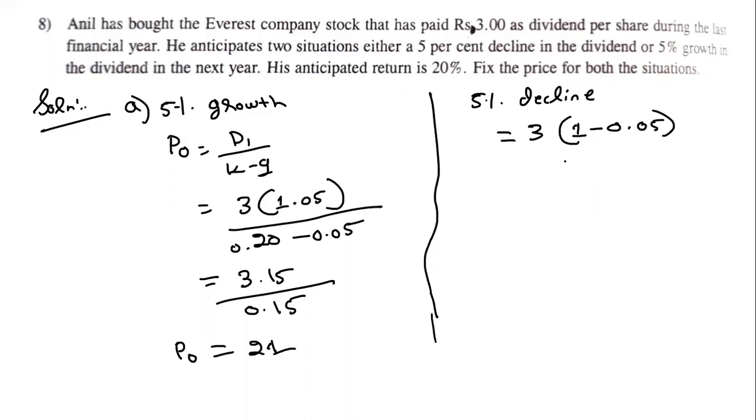Earlier there was a growth we calculated, and now there is a decline. So divided by 0.20 minus minus 0.05.